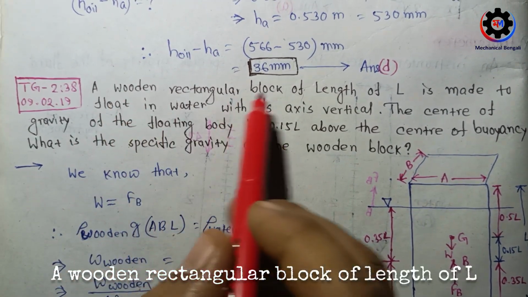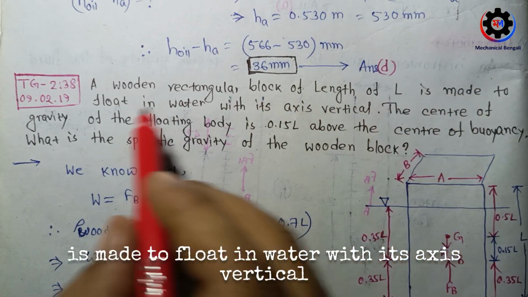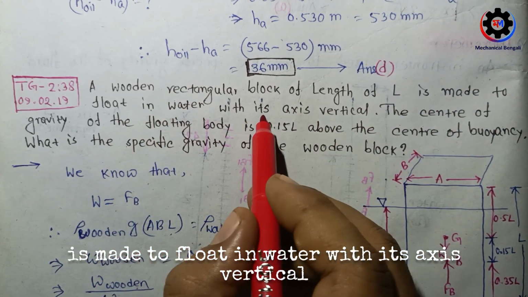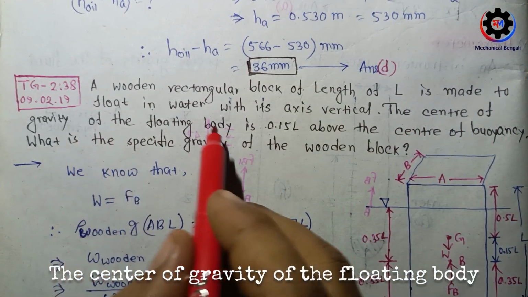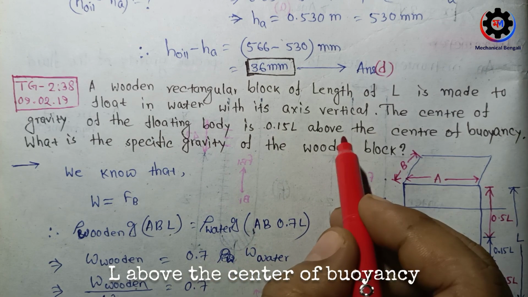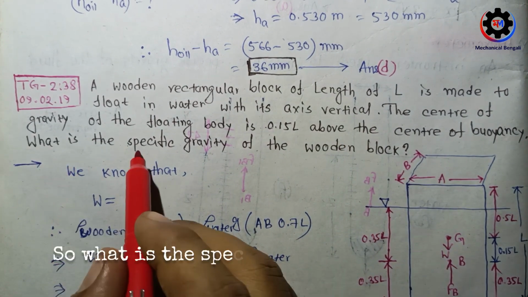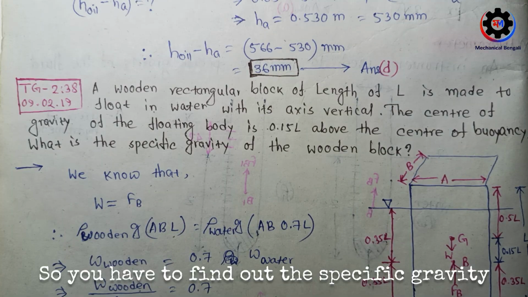A wooden rectangular block of length L is made to float in water with its axis vertical. The center of gravity of the floating body is 0.15 L above the center of buoyancy. What is the specific gravity of the wooden block? So you have to find out the specific gravity of the wooden block.